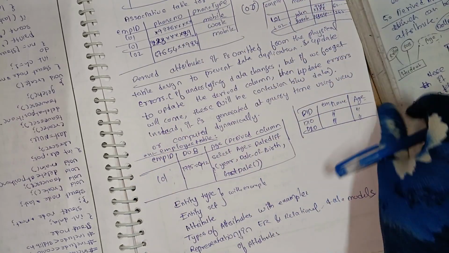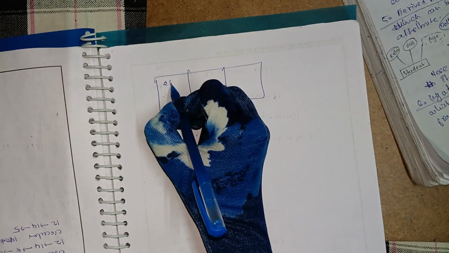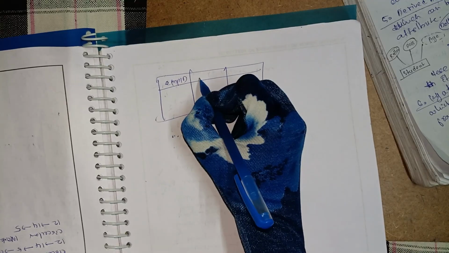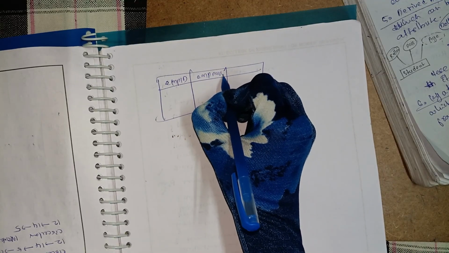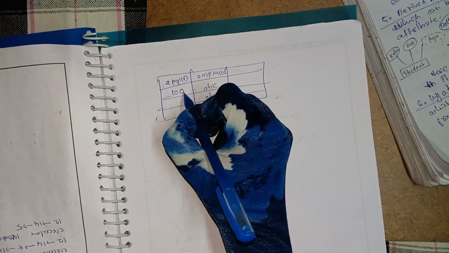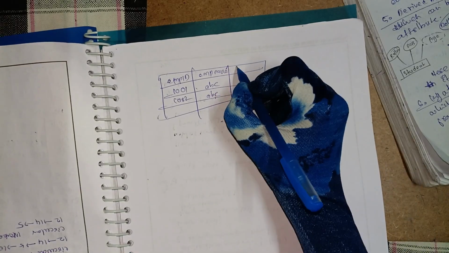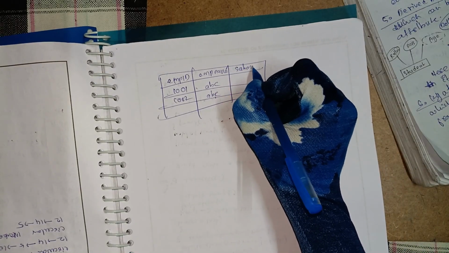So in the relational data model, how will it be? One table is there, like the employee table. Employee ID is there, employee name is there. Employee name can be the same, but the ID will be different. And salary is there.